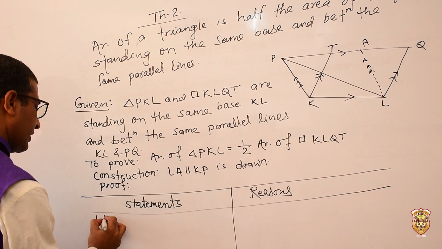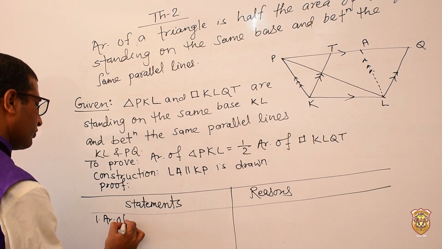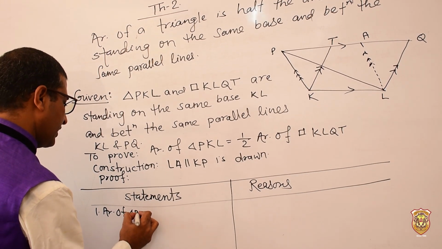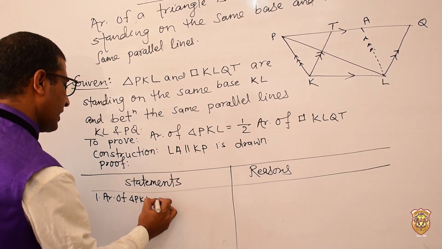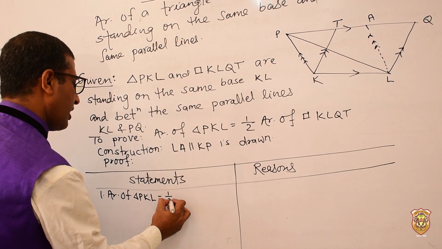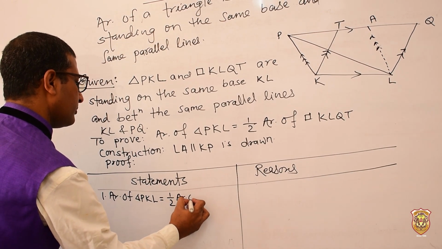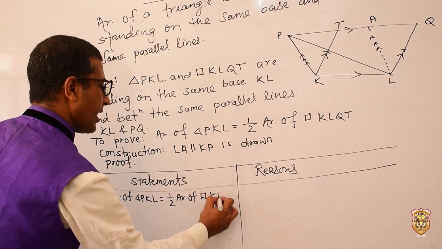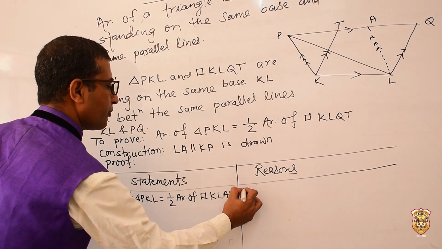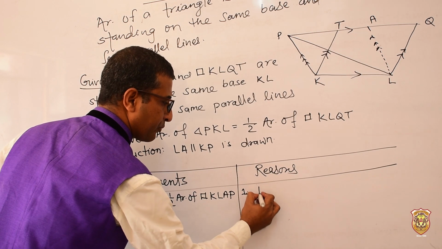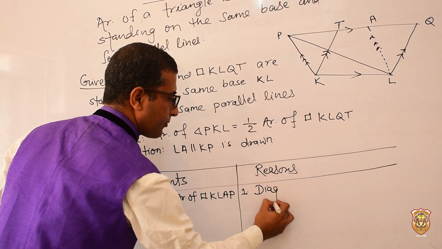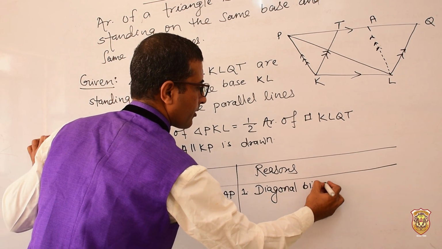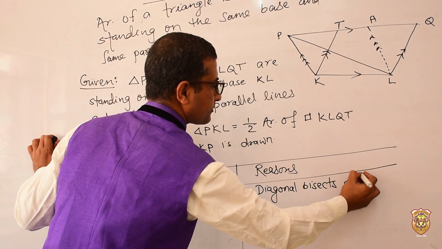So we can write: area of triangle PKL equals half the area of parallelogram KLAP, the reason being the diagonal bisects the parallelogram.